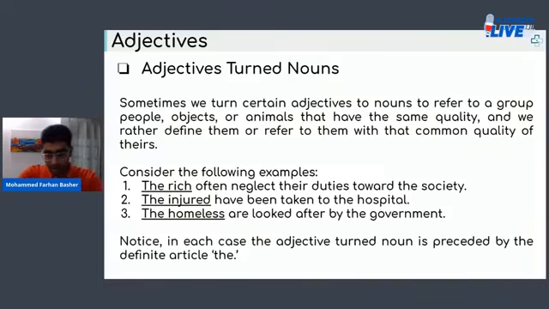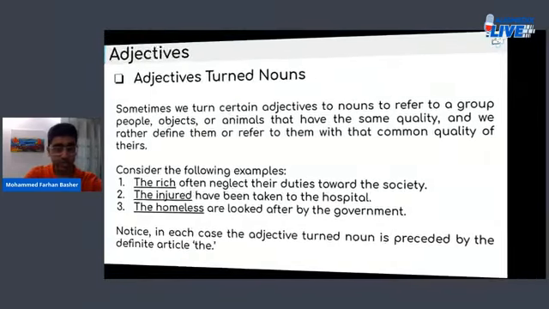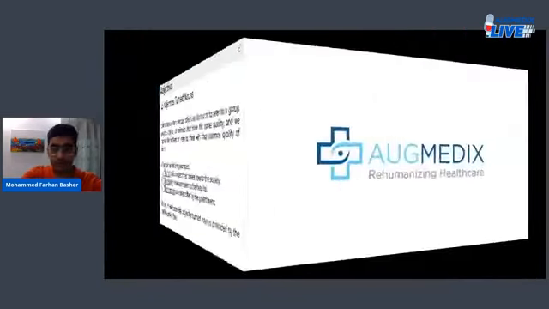Okay? All right. So yes, this is pretty much it for today. If you're still confused with the differences between coordinate adjectives and cumulative adjectives, I cannot really blame you for being confused because those definitions are a little tricky or confusing. However, I would like to suggest you look them up on Google.